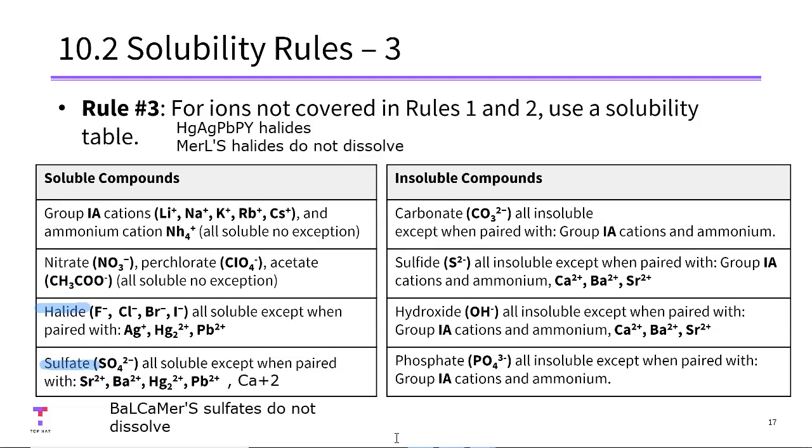What are the Balcomer sulfates? Barium, lead, calcium, mercury, and the S this time isn't silver, but rather strontium. And so sometimes I have been known to put an R here on the end, even though it doesn't say Balcomers anymore, just to kind of remind myself that the S there isn't silver, because the S is silver in the other one.